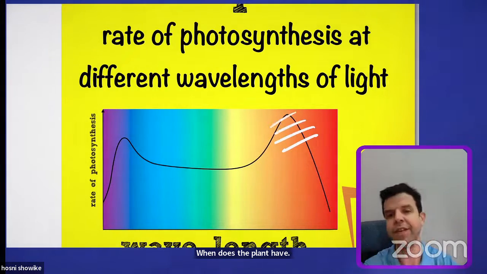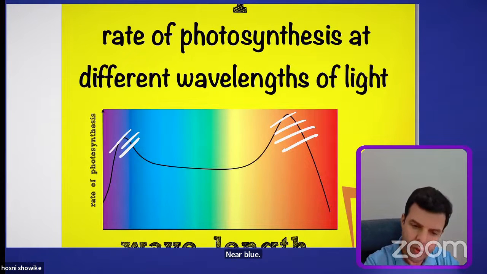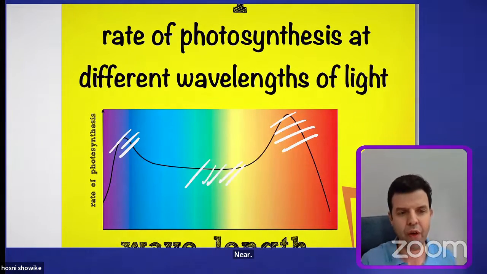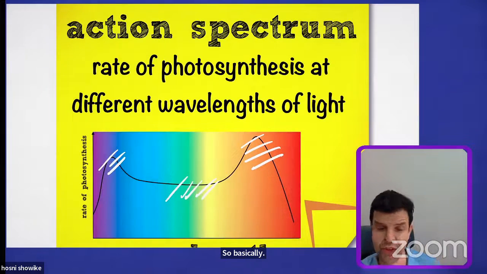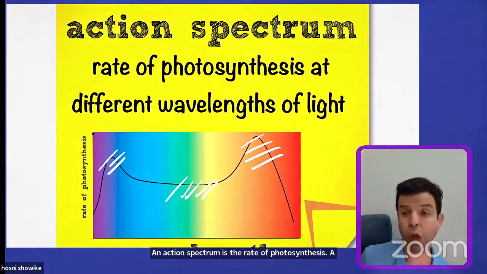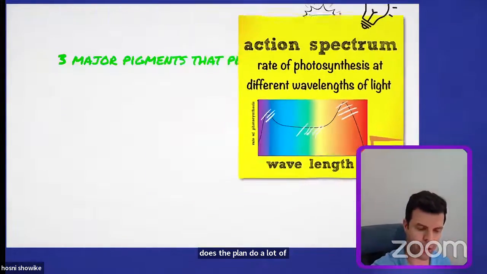Near red, near blue, and very little near green. So basically, an action spectrum is the rate of photosynthesis at different wavelengths of light. So this tells you when does the plant do a lot of photosynthesis and when does it do less photosynthesis.